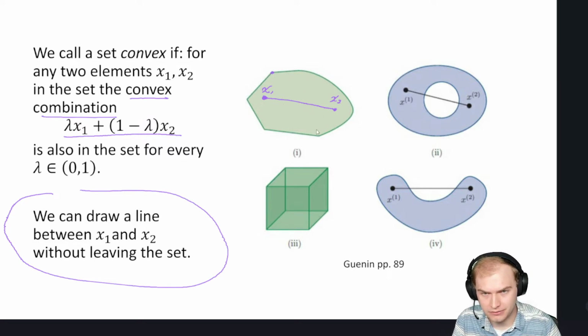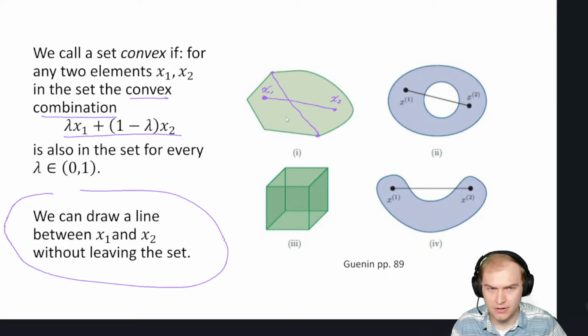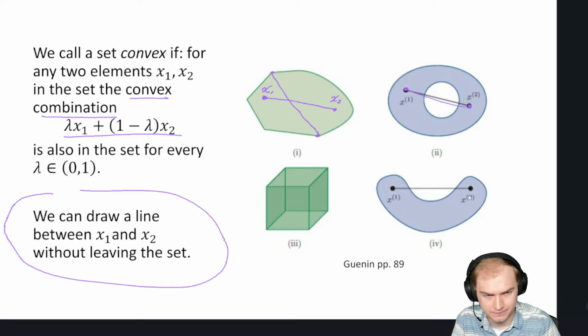Any 2 points we draw, we can have a line between them. 2 is not convex because there's a big hole in the middle, and I can imagine drawing a line that crosses that hole. Very similarly for 4 here, there's a gap. For 3, it's a cube. The volume of the cube is the set, so you can pick points in there.